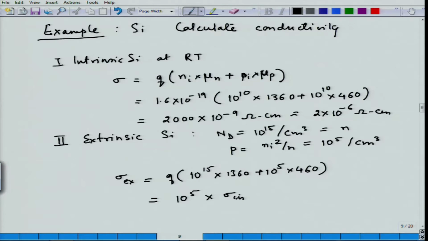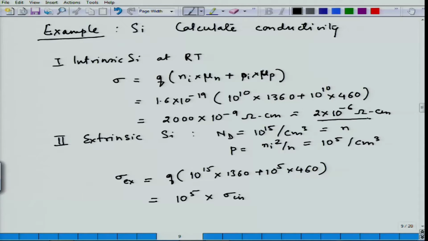So, this is the power of doping. By just doping with 10 to the power 15 per centimeter cube, I have changed the conductivity of the intrinsic semiconductor from the 10 to the power minus 6 value to 10 to the power 5 times that value.